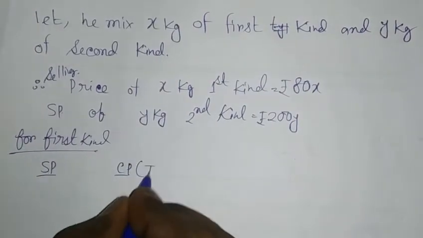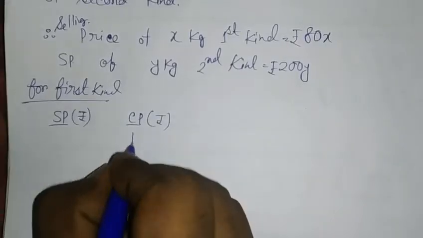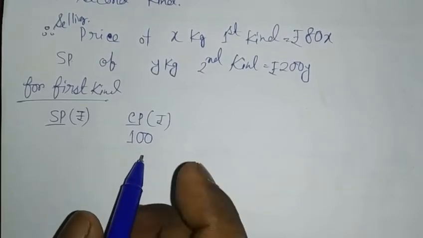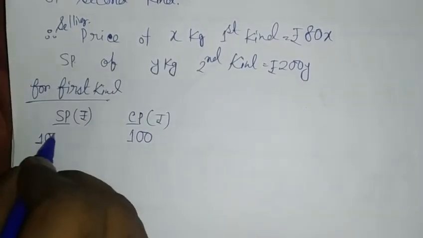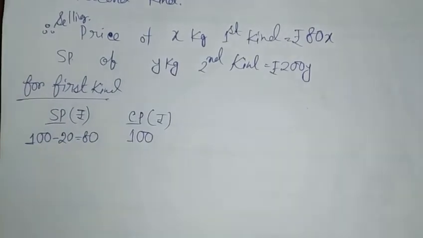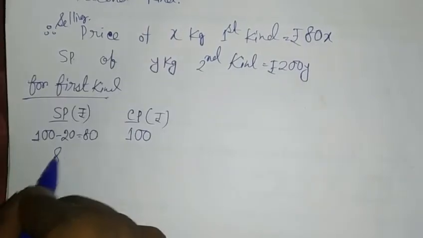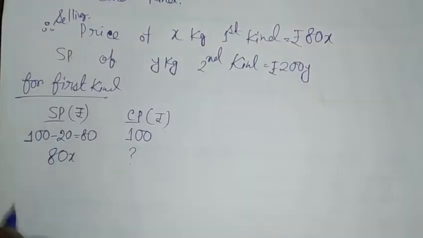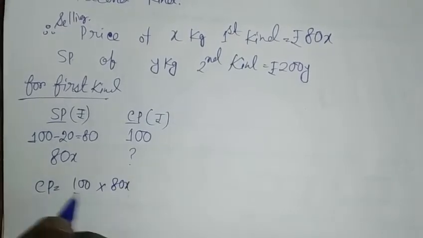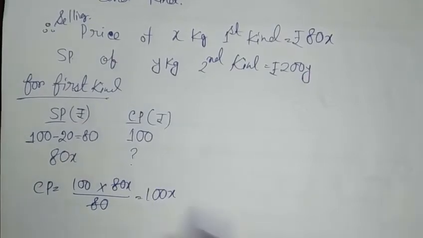Let the cost price be 100. Okay, then as there is a 20% loss, the selling price would be 100 minus 20, which is equal to 80. Now our selling price was 80x, so the cost price would be 100 into 80x by 80, that is 100x.